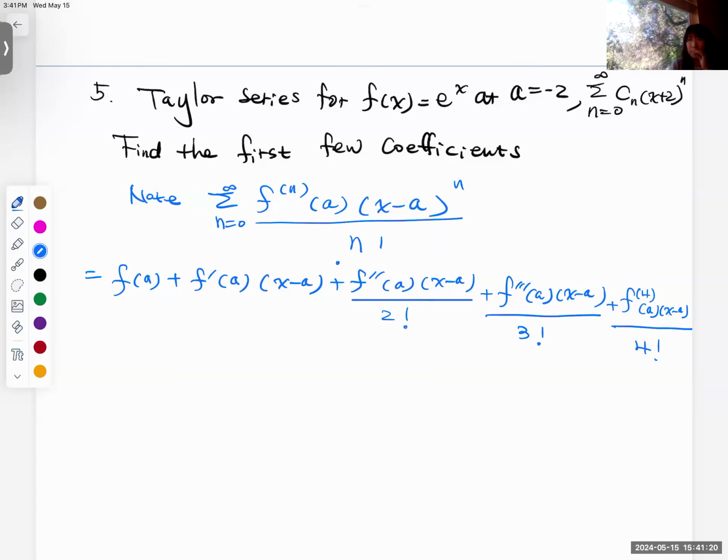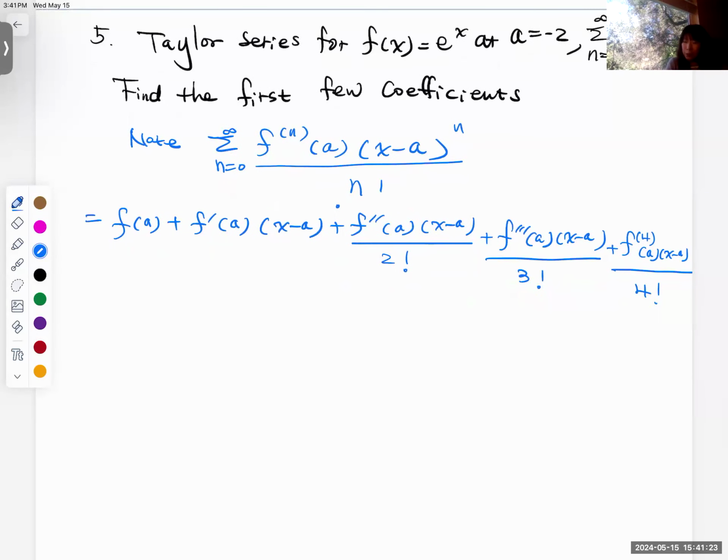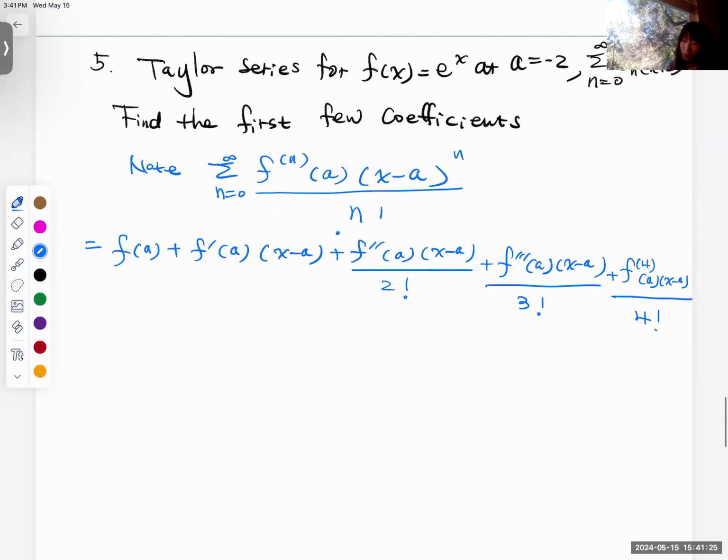Okay, so let us do this one. When a equal to negative 2, so f of negative 2, which is e to the negative 2, which is 1 over e to the second power, right?